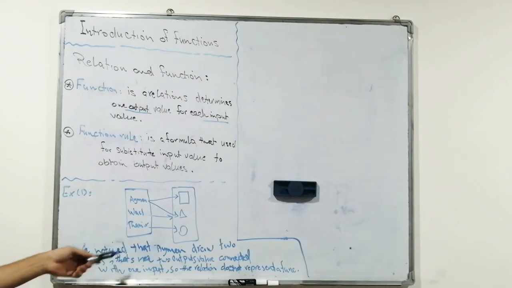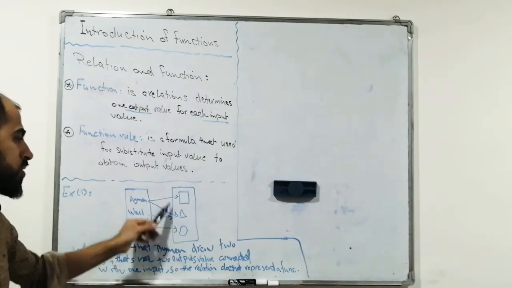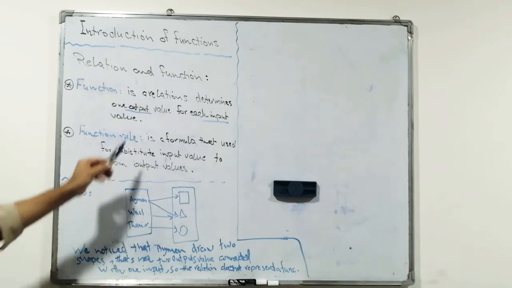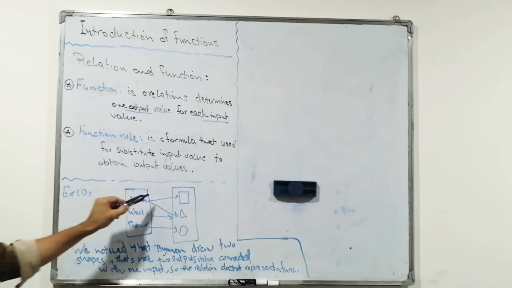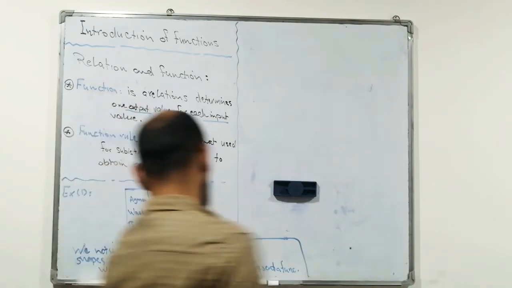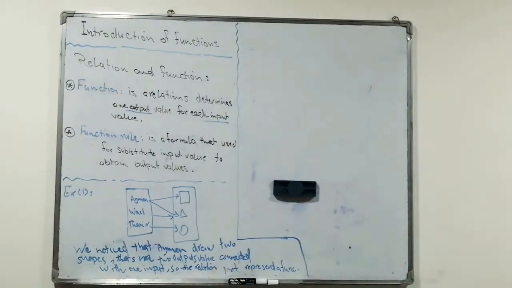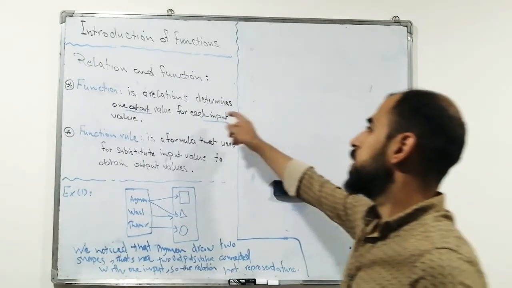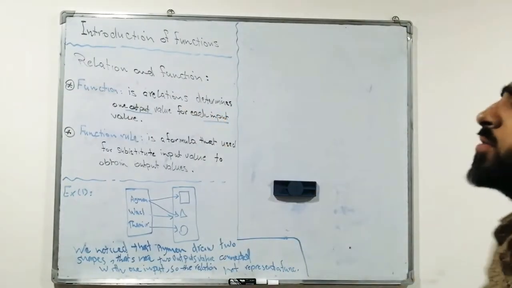So that means we have two outputs connected with one input, and this means the relation does not represent a function. Why? Because it must be one output value for each input.